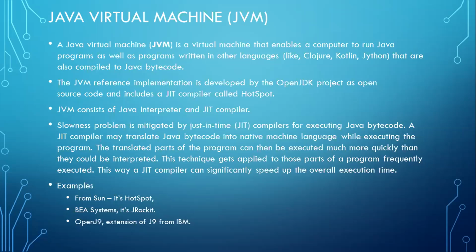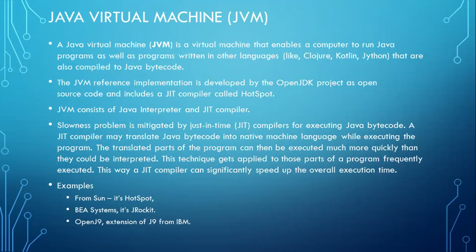JRockit had this Metaspace concept, and Oracle borrowed it from JRockit and merged it into Hotspot. So right now Hotspot is a combination of best practices from both the earlier version of Hotspot and JRockit. We'll go through Metaspace later when we discuss the anatomy of the JVM in detail.